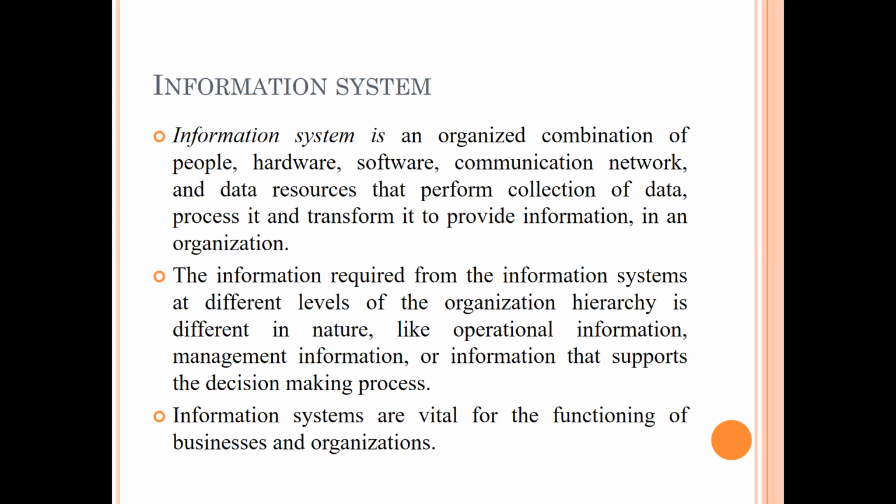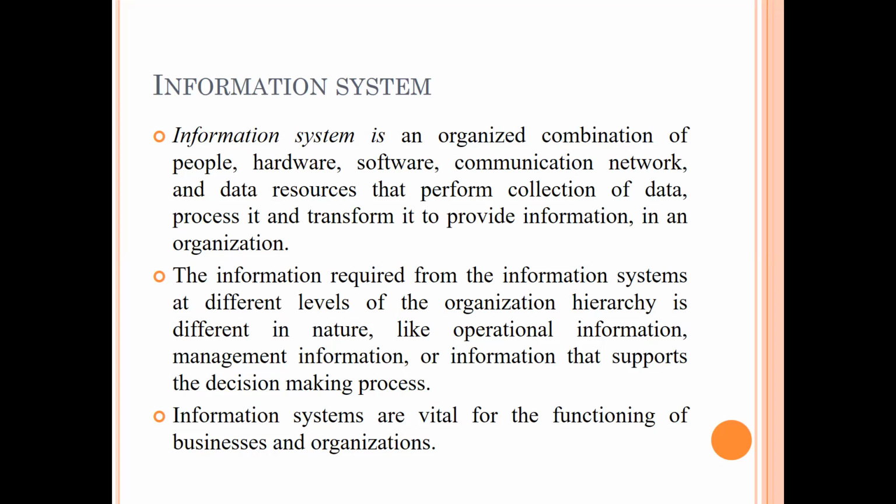The information required from the information systems at different levels of the hierarchy is different in nature, like operational information, management information, or information that supports the decision-making process. Even the people that deal with that information are at different levels.